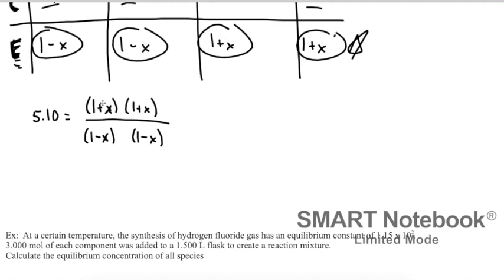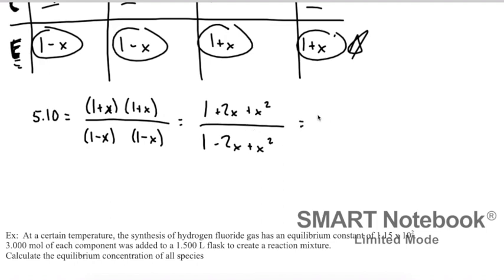So you guys all remember FOIL, right? First, outer, inner, last. That's going to get me 1 plus 2x plus x squared, just like that. 1 times 1 is 1. X plus x is 2x, x squared. I'm going to FOIL the bottom. 1 times 1 is 1. Minus 2x plus x squared. So there I've FOILed both of those, just like that.